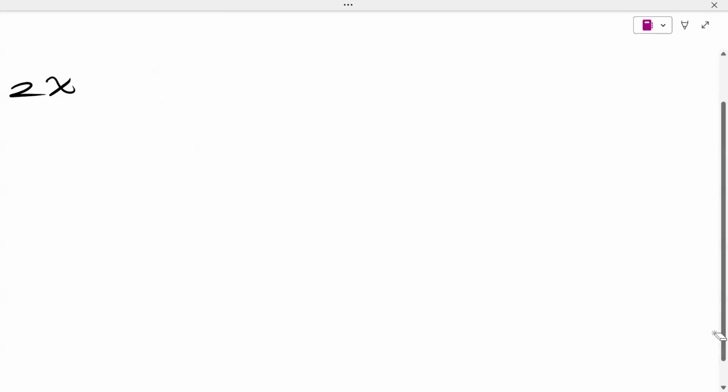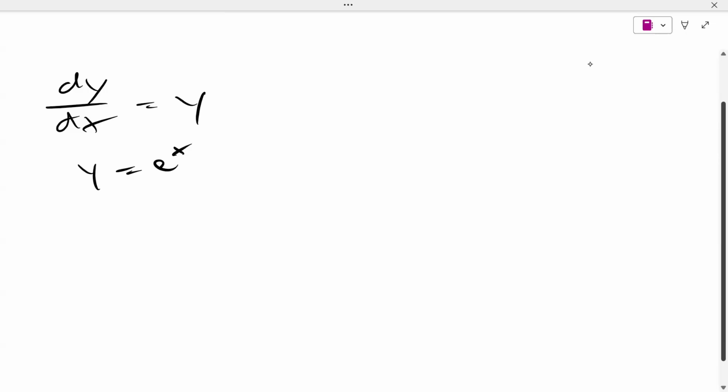Now, we go back to dy/dx equals y. So we know y equals e to the x is one solution. Another solution you might try. So we tried adding a constant. Evidently that doesn't work. You might start to get a light bulb, and maybe instead of adding a constant, we can multiply by a constant.